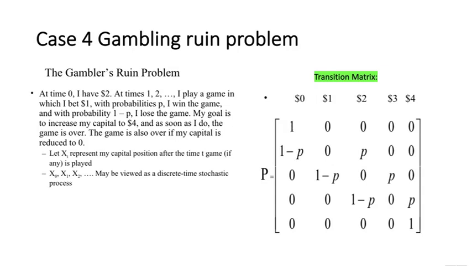But take a look here. If you have $1 and you bet $1, you can win, right? If you win, you become $2. But if you lose, it becomes $0. So if you win from 1 to $2, the probability is P. And if you have 1 and it becomes 0, you lost, so it becomes 1 minus P. The rest will be 0.